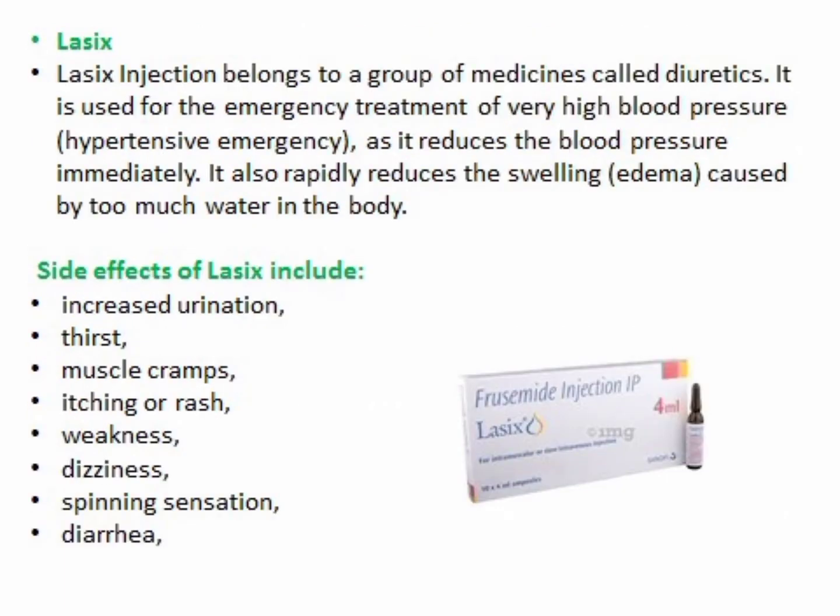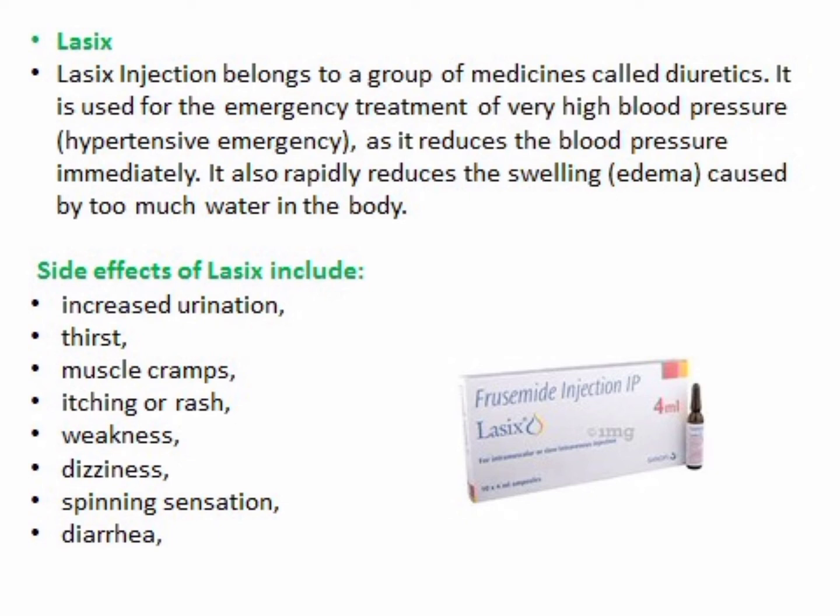Next is Lasix. Lasix injection belongs to a group of medicines called diuretics. It is used for the emergency treatment of very high blood pressure, hypertensive emergency. As it reduces the blood pressure immediately, it also rapidly reduces swelling like edema caused by too much water in the body.